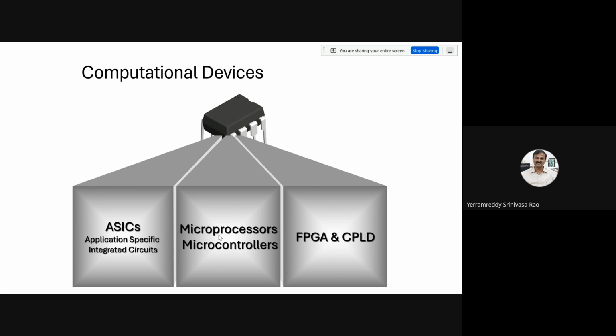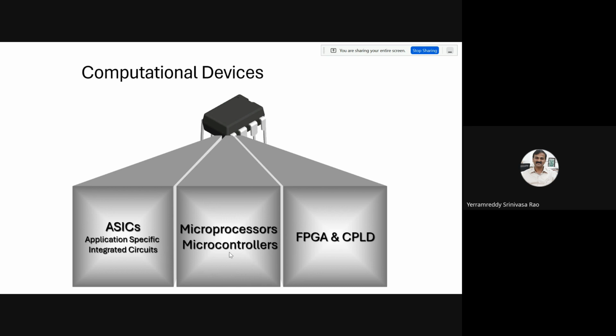That computer CPU has a different kind of requirement. All these applications have a different kind of requirement. So computer uses a general purpose CPU. But other than computer, wherever you see the CPU, they are application specific. So they are called microcontrollers.